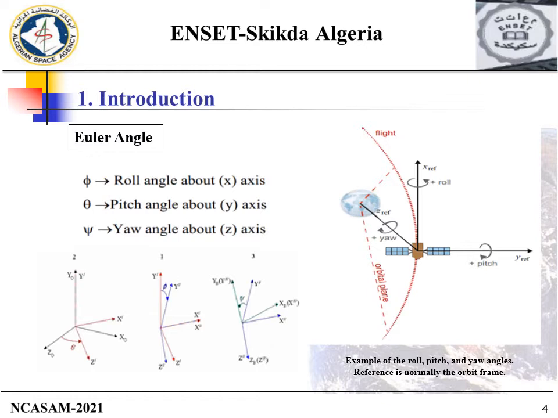The first is the angle phi, which represents the rotation around the x-axis. The second is theta, which represents the rotation around the y-axis. And the last is the psi angle, which represents the rotation around the z-axis.